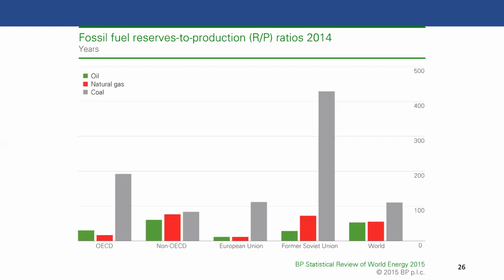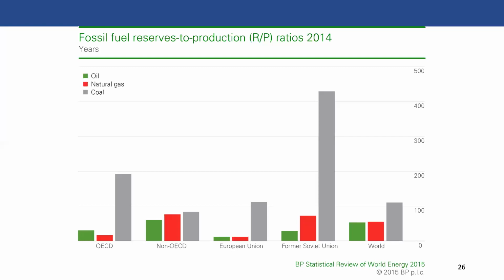Well, actually, I'm not sure what the R/P ratio would look like, but the reserves used to be different, and the production used to be different, but they're different in directions that make the R/P ratio not unidirectional, right?